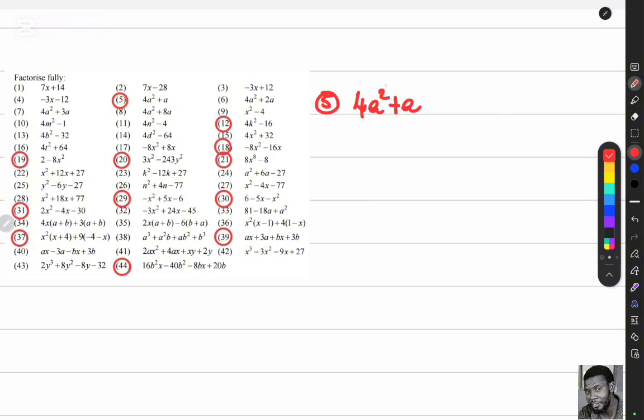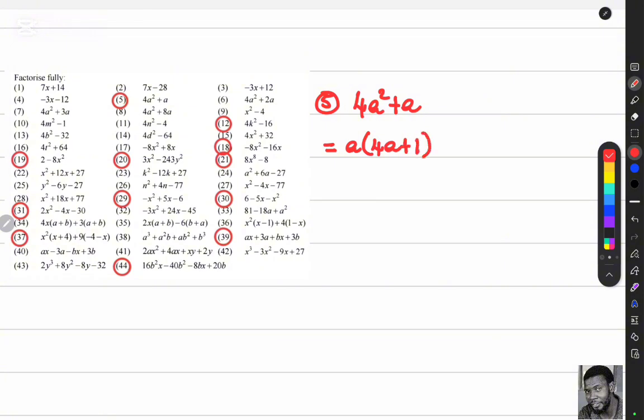We've got the exponent 2 and the exponent 1, meaning that we'll take the variable with the smaller exponent, in this case a. So we're going to factorize like this. We'll say this is a into 4a plus 1.